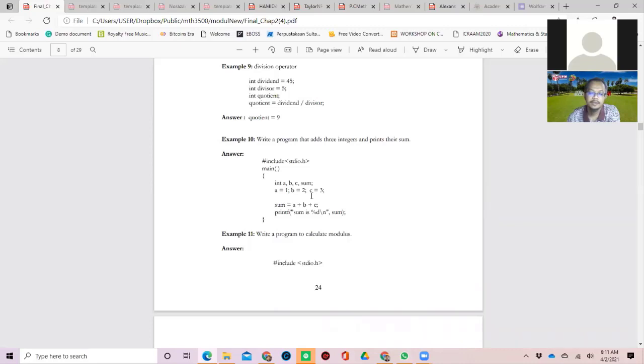If we look at the next example, this is a complete C program, starting from #include <stdio.h> and then main, followed by declarations. We have 4 integers: a, b, c, sum, ending with a semicolon, and we give initial values a=1, b=2, c=3.